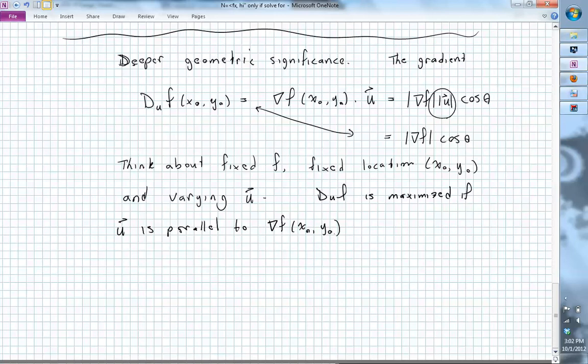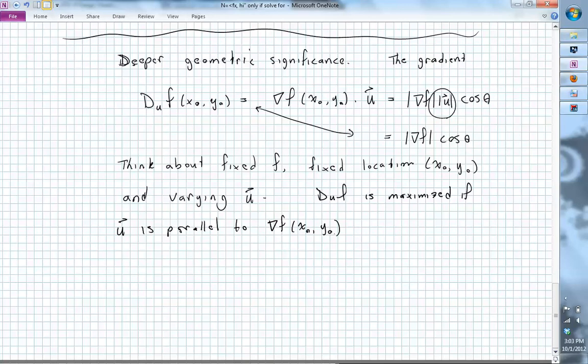So the directional derivative is maximized if u is parallel to the gradient of f. And I'm using the word maximized a little bit loosely here.